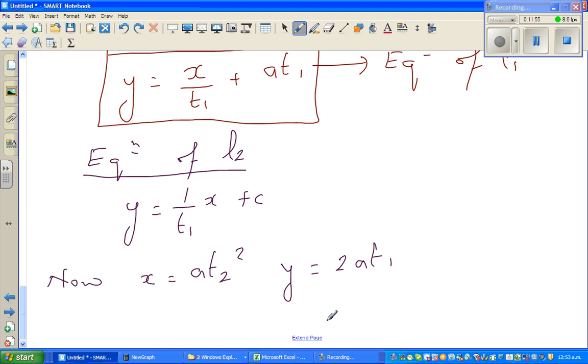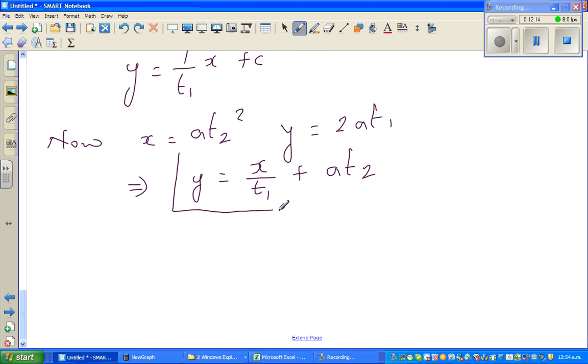The same process will happen, and I'm not going over the same thing again. y would be x over t2 plus at2, which is your equation of L2.